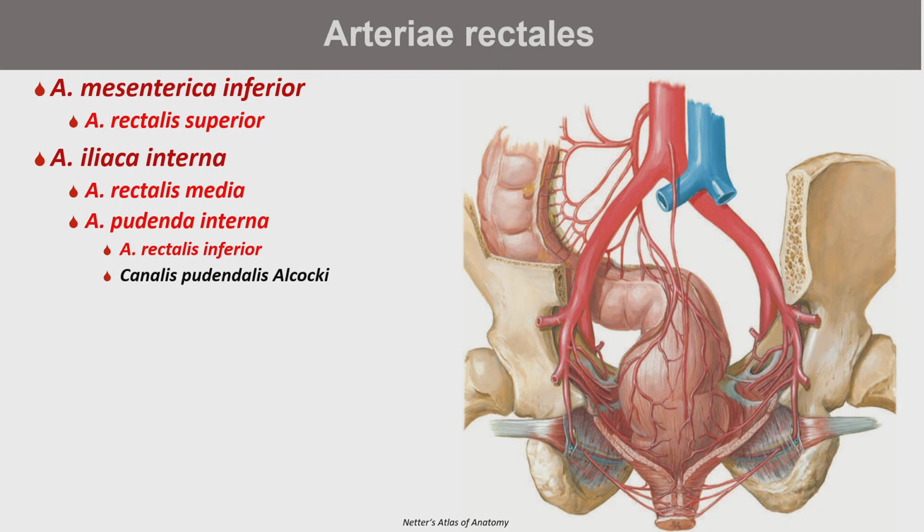So now we have two small notes about rectal arteries. We know that pelvic arteries supply abdominal organs, and now I touch a very important thing. The rectum is supplied by the inferior mesenteric artery, then medial rectal artery. This is medial rectal artery. This is a superior rectal artery, and here we have inferior rectal artery.